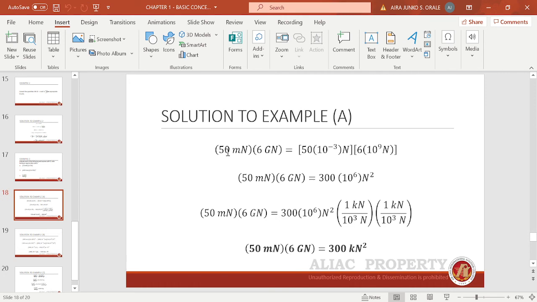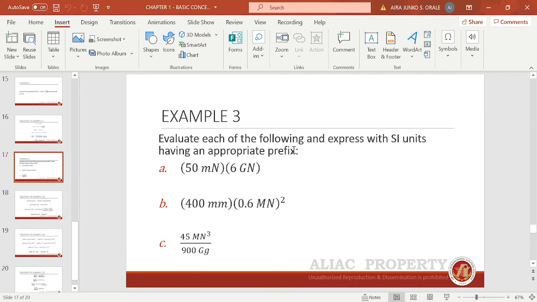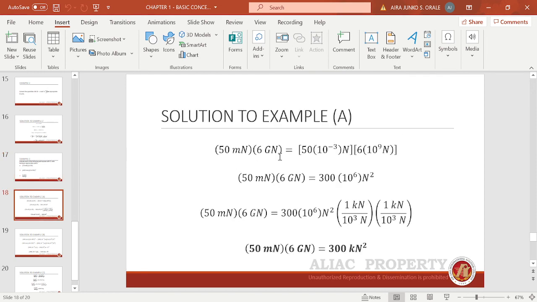So simple. As per the question, you need to make it into the appropriate prefix. So milli is 10 to power minus 3, multiplied by giga, 10 to power 9. So you will get the answer of 300 times 10 to power 6 Newton squared, because it will be Newton squared.